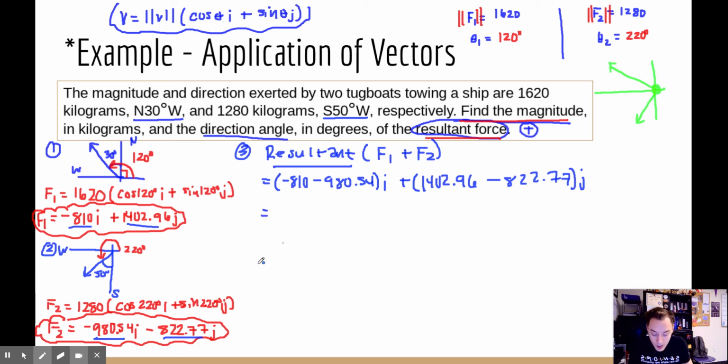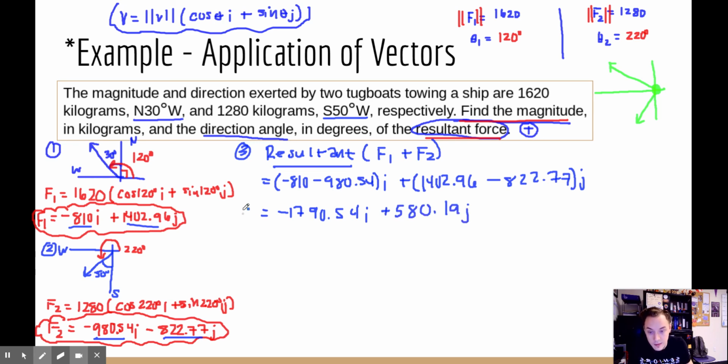I get a whopping, are you ready? Negative 11790.54 I, and then plus, when I subtract those two, I get 580.19J.